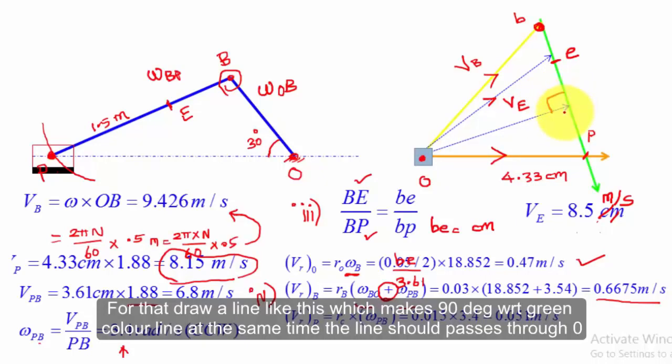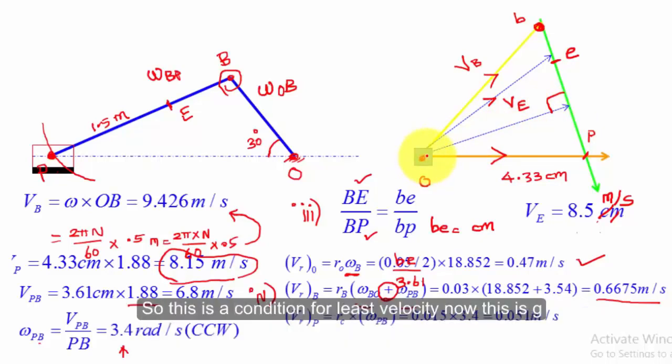At the same time the line should pass through point O. So this is the condition for least velocity. Now this is point G.